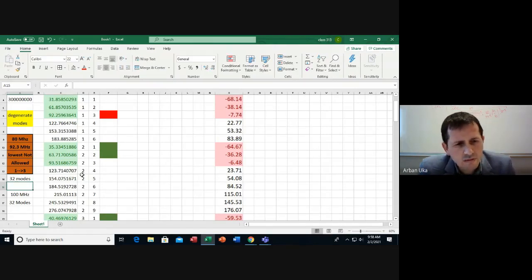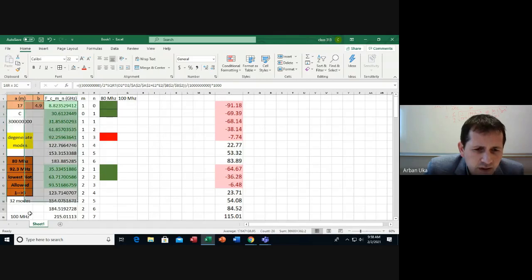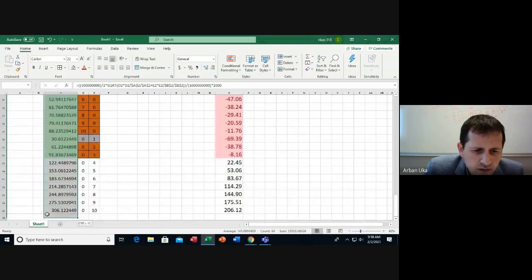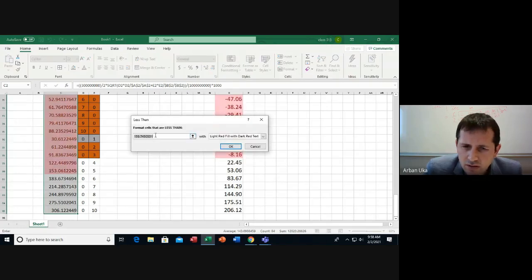So these are, no, this is wrong, because in green we also have the 92. They should be less than 80. Then we have a mistake here. Conditional formatting, less than 80.